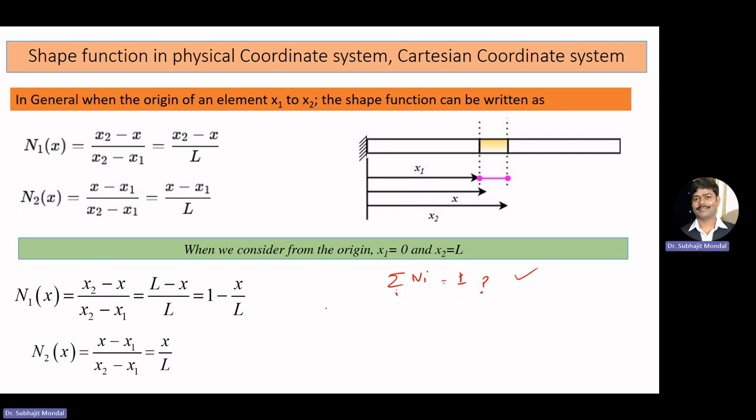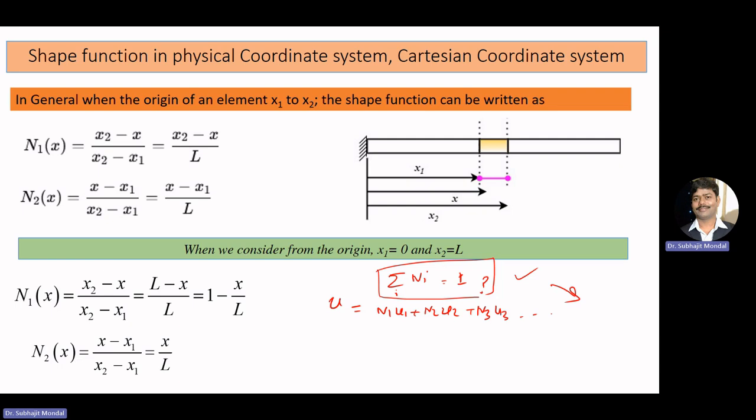Now see what we have learned: u, the displacement at any point, is nothing but N1 u1 plus N2 u2 plus N3 u3, like that. If the sum of the shape functions is 1, it will ensure that the element has the capability to show rigid body motion.